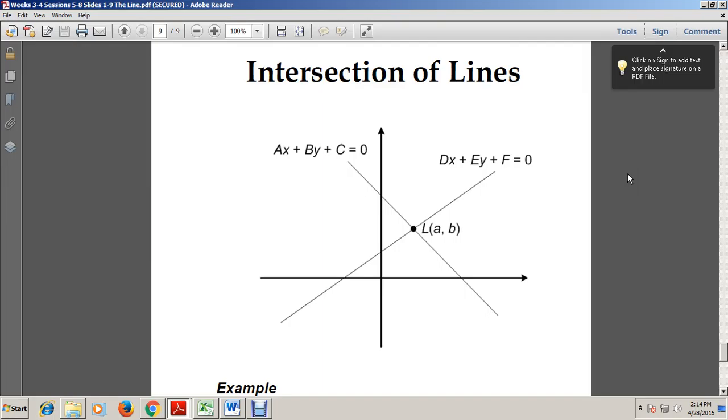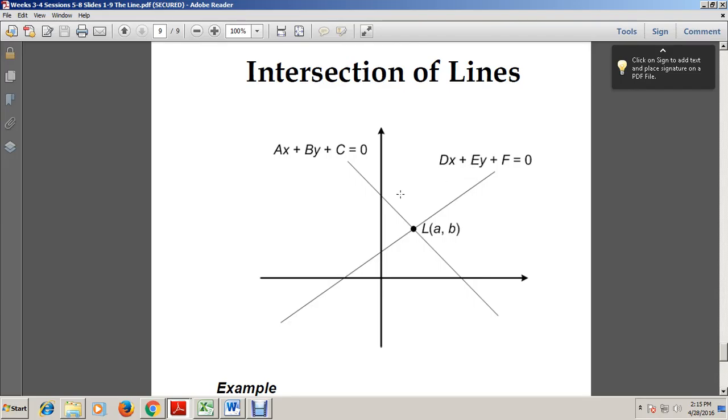For the intersection of lines, we consider first the following illustration. We have two lines here, and the equations of the lines are expressed in their general forms. Line 1 has the form ax plus by plus c is equal to 0. Line 2 has the form dx plus ey plus f is equal to 0.